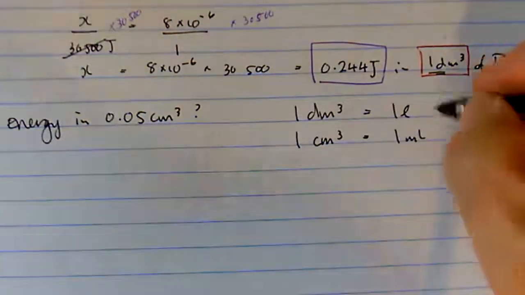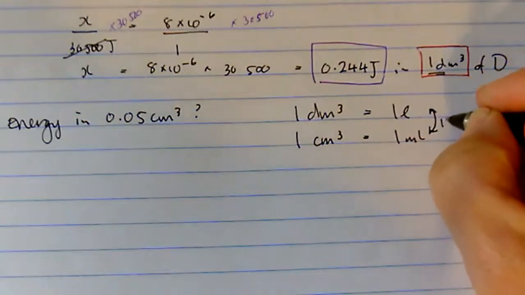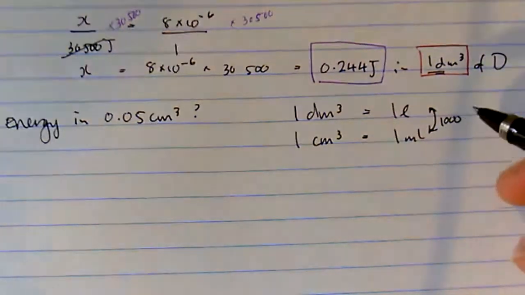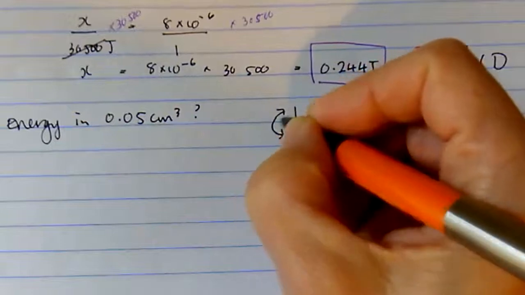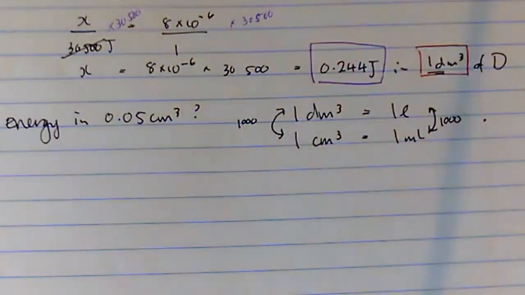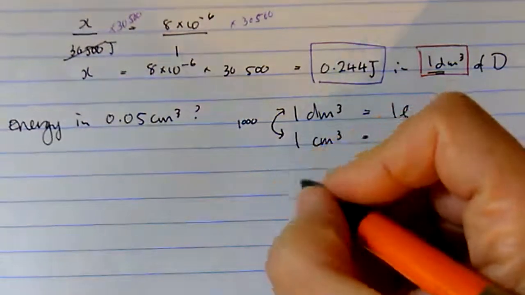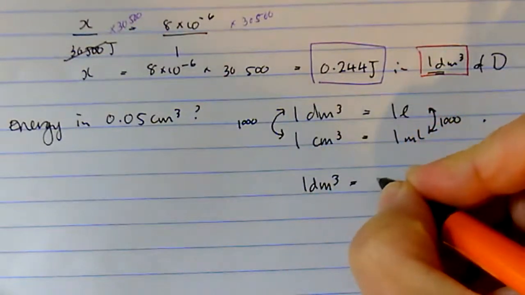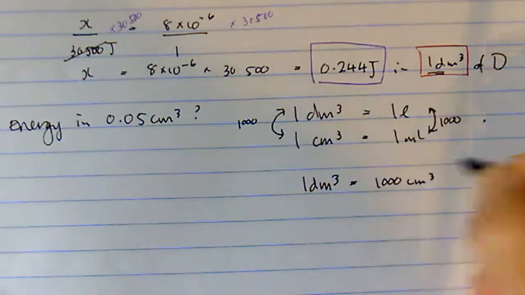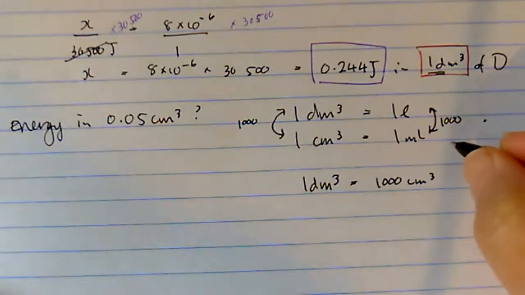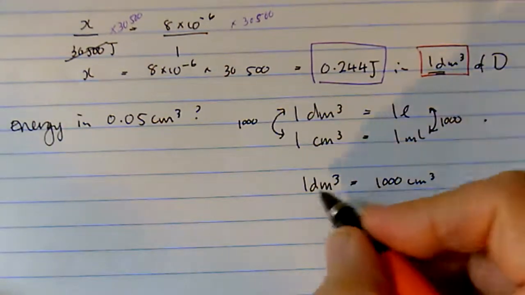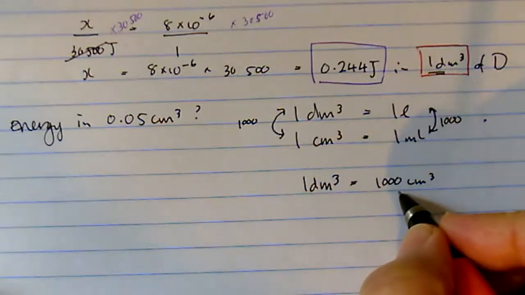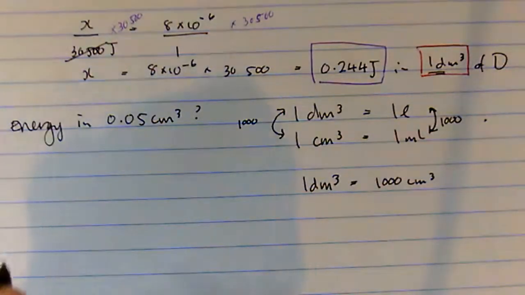We should also know that there is a conversion factor of 1,000 because there are 1,000 milliliters in a litre. That means that there are 1,000 centimeters cubed in a decimeter cubed. So 1 decimeter cubed is equal to 1,000 centimeters cubed, in the same way as 1 litre is equal to 1,000 milliliters.